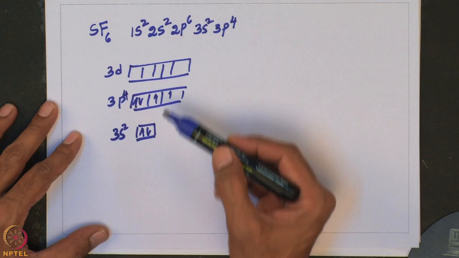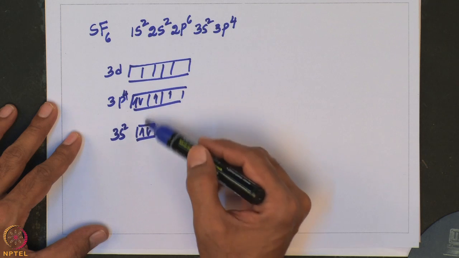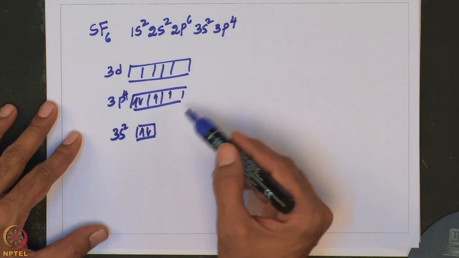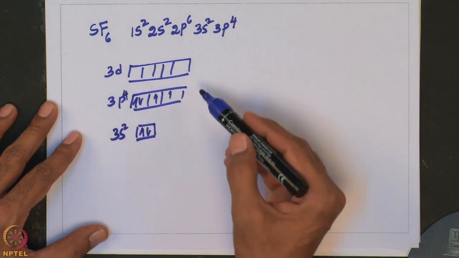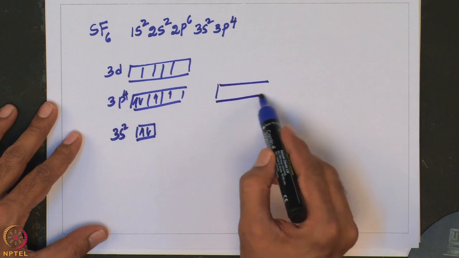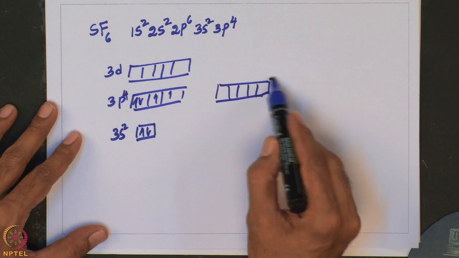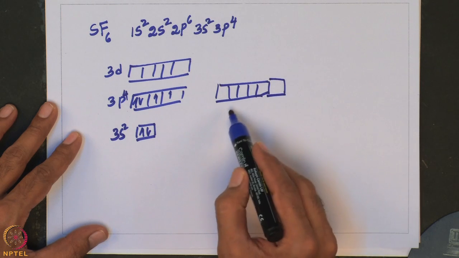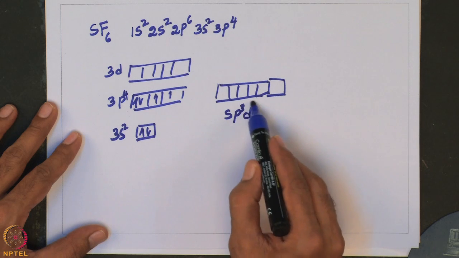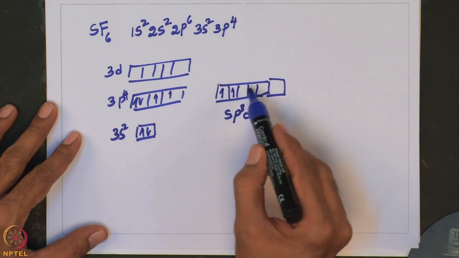Now these 1, 2, 3, 4, 5, since we have 2 extra electrons, they can be promoted to 2 d orbitals. As a result, what happens? It utilizes 2 more orbitals to form 6 hybrid orbitals, composed of 1 s, 3 p and 2 d, so 1:3:2, and now each one has 1 electron each.